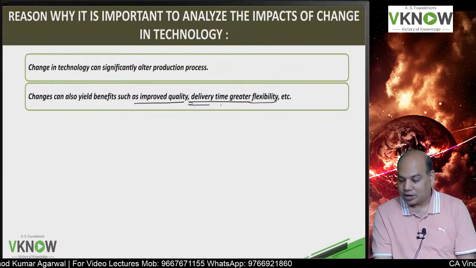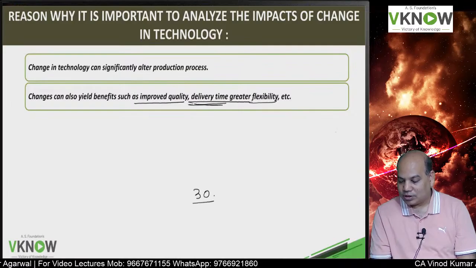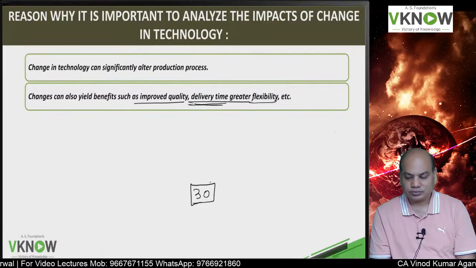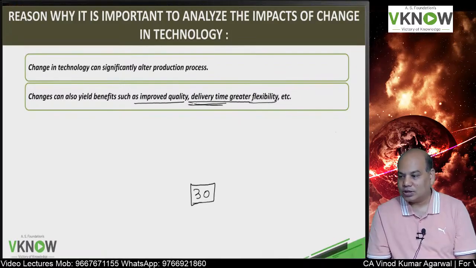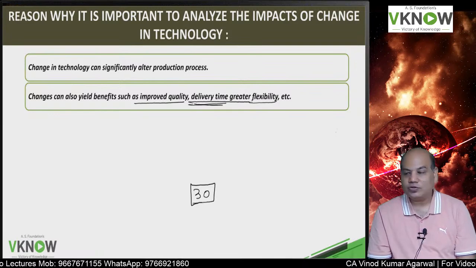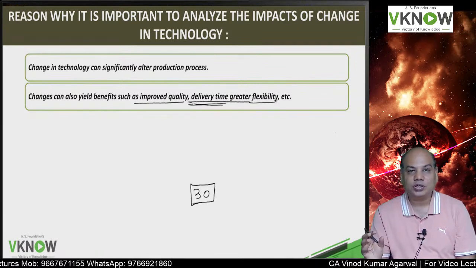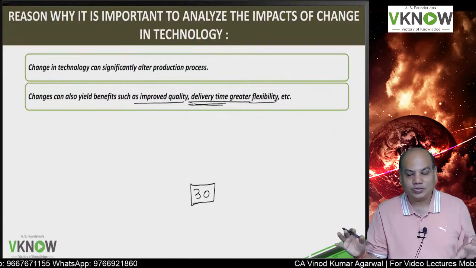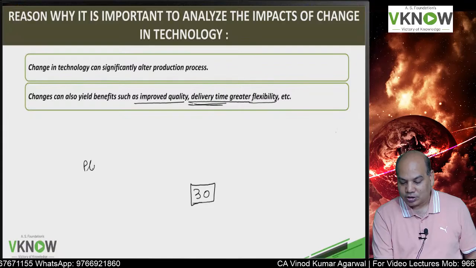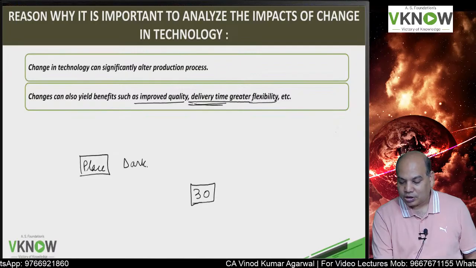From delivery time, I remember nowadays there are companies which say that if you order something, we will deliver within 30 minutes. How does it happen? It happens because of the change, because of the technology. There is a whole back-end technology on which it is working. The moment you place the order, they have a nearby dark warehouse.